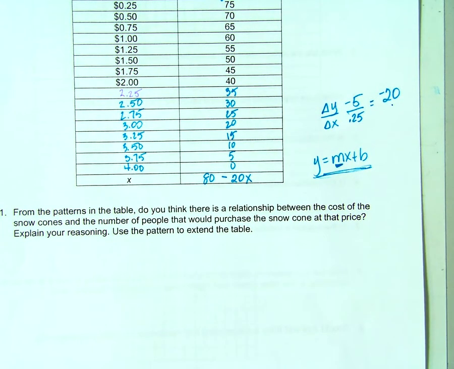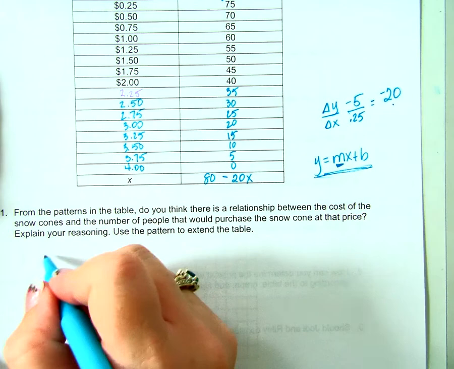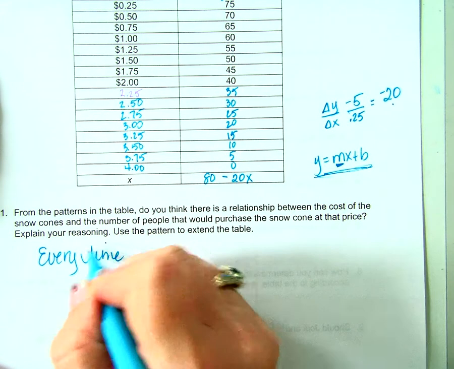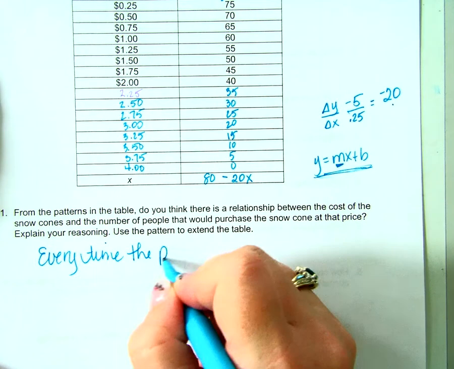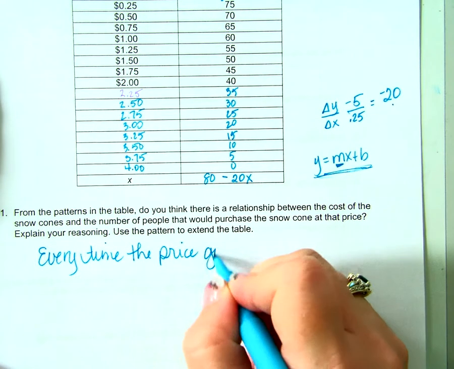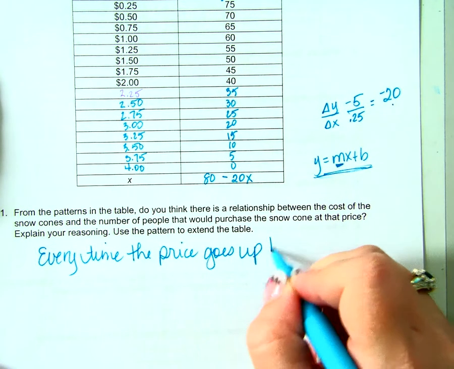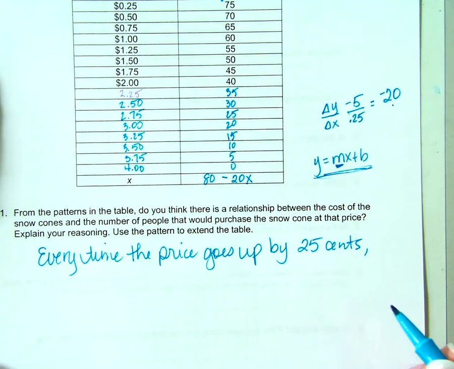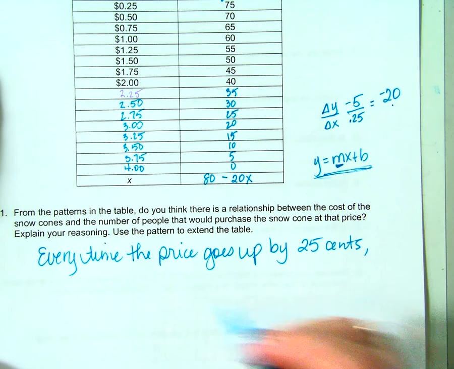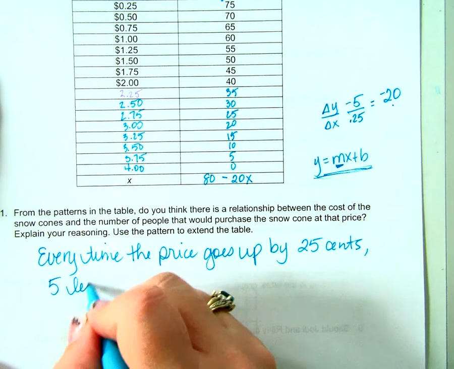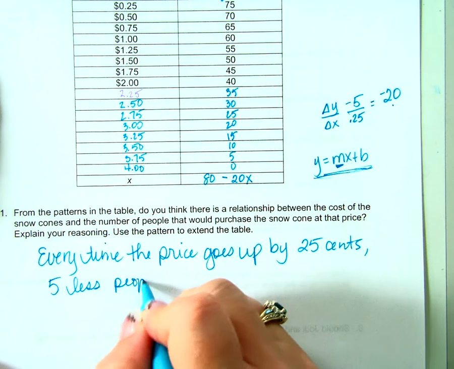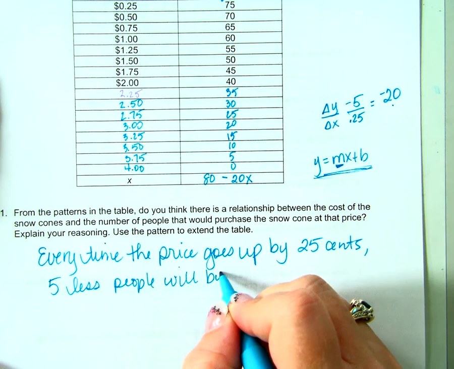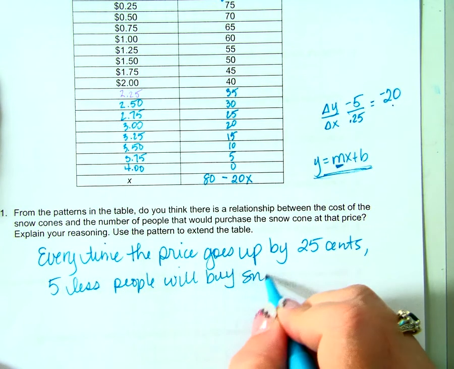So, do you think there's a relationship? What is the relationship? Every time the price goes up by 25 cents, what'd you say? 5 less people will buy snow cones.